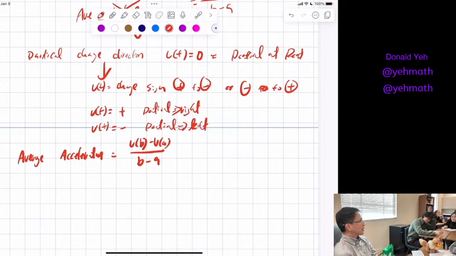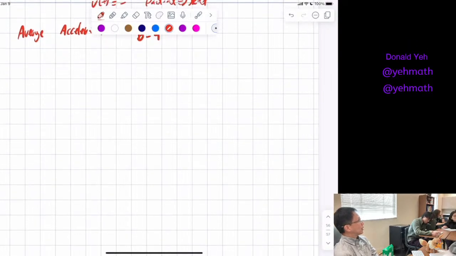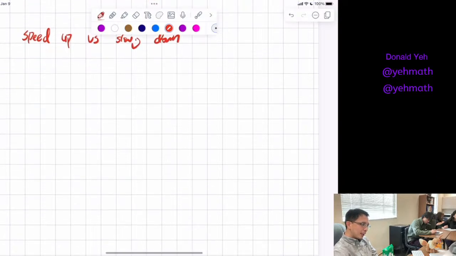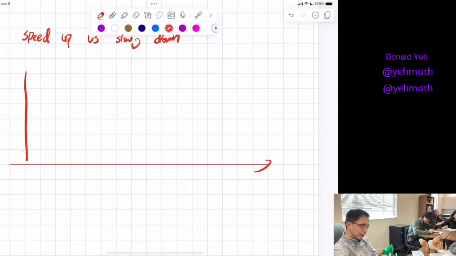Am I going too fast? Okay. Lastly, one more thing: speeding up versus slowing down. Let's create a running chart for Aiden. It's going to have something like this. He's running at 3 miles per hour, very slow, he's just jogging.